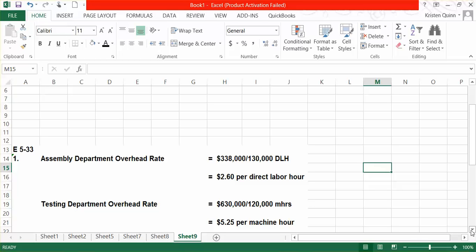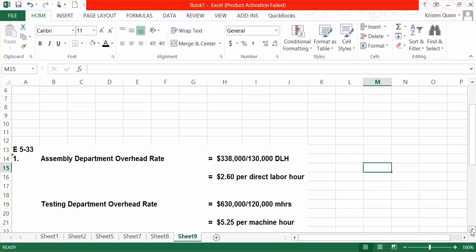Again, when looking at the table of information in the problem, you will see that the testing department is estimating to incur 120,000 machine hours. We're only dividing it by how many machine hours the testing department plans to have. That gives us a predetermined overhead rate of $5.25 per machine hour.